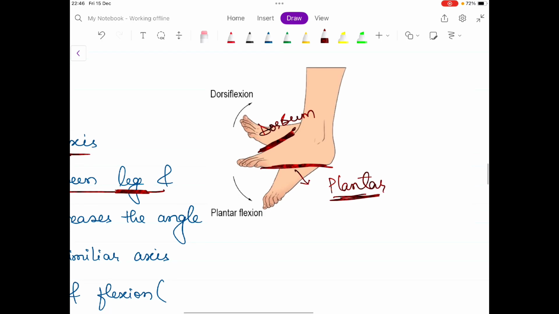When you move the foot in the upward direction, this is known as dorsiflexion, and when you move the foot in the downward direction towards the plantar side, that is known as plantar flexion.